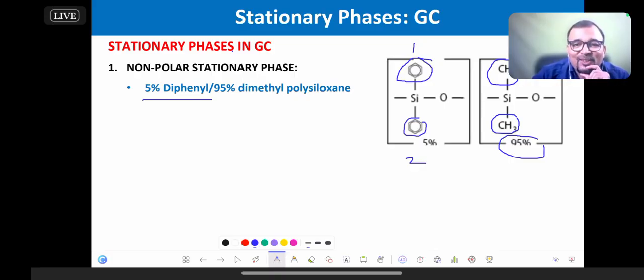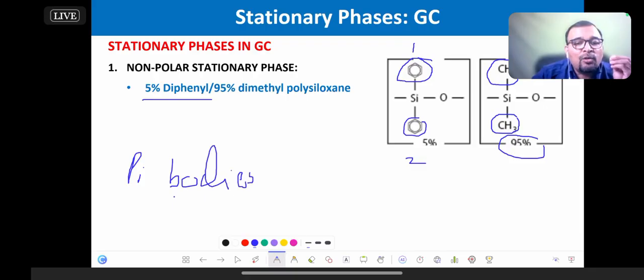Yogesh, you are right. Thank you so much. Awesome. Viresh, you are right. It is not purely a polar interaction, but I need a more specific answer. See, this is the addition of pi bonds, yes or no? You are adding the pi bonds in the stationary phase. So pi bonds are going to bring which interaction?